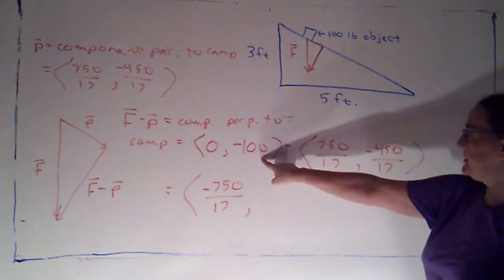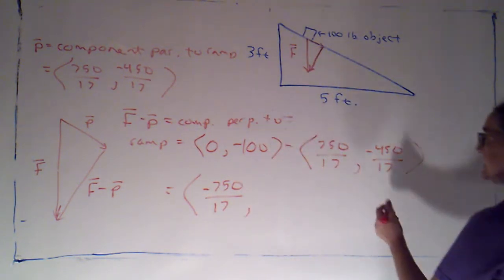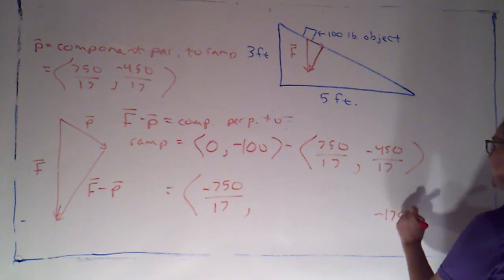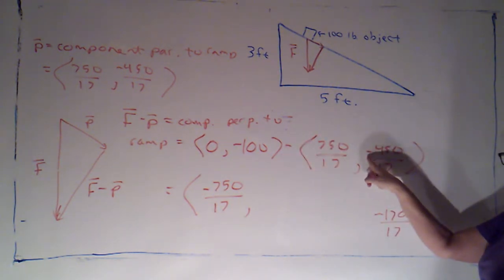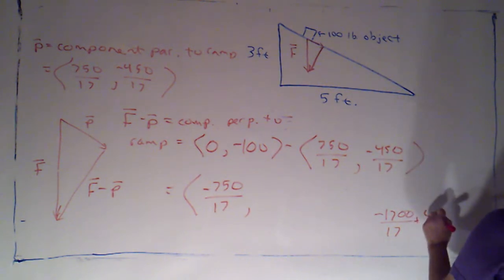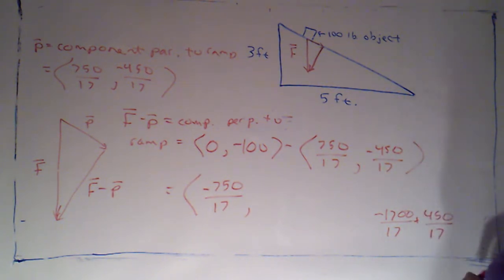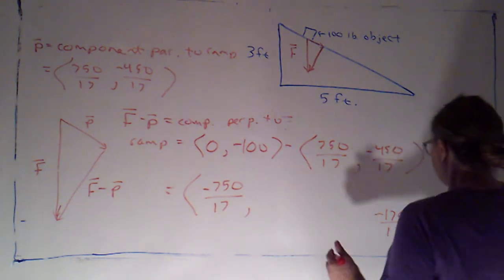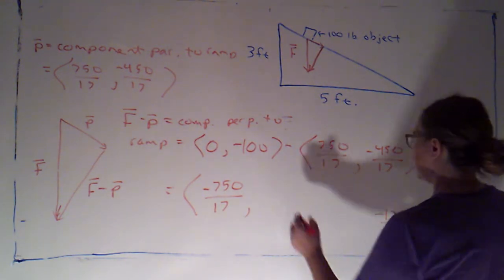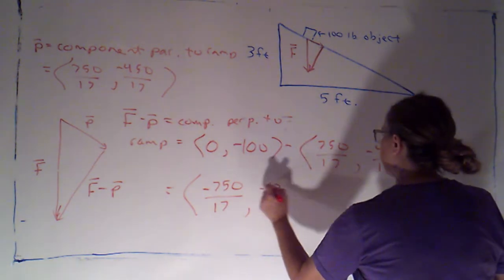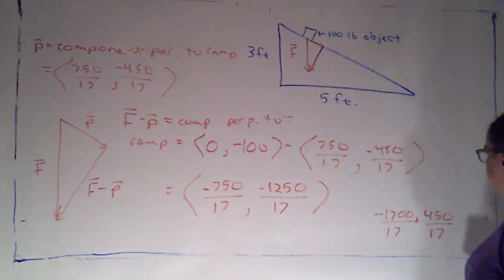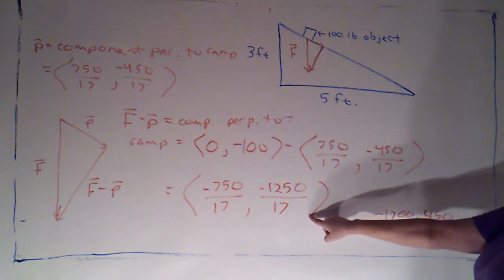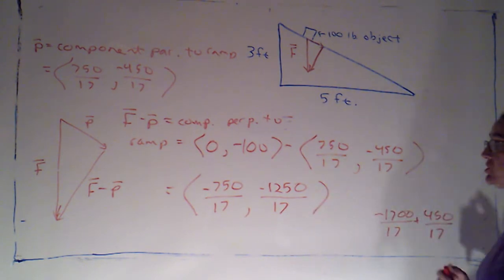For this component, I'm going to rewrite that negative 100 as negative 1700 seventeenths, and then I'm subtracting a negative, so I'm going to add 450 seventeenths to that. And so let's see, what does that give me? That's going to give me negative 1250 seventeenths.